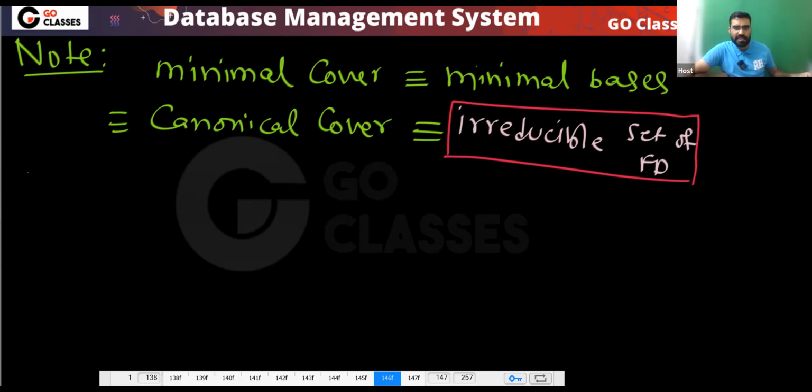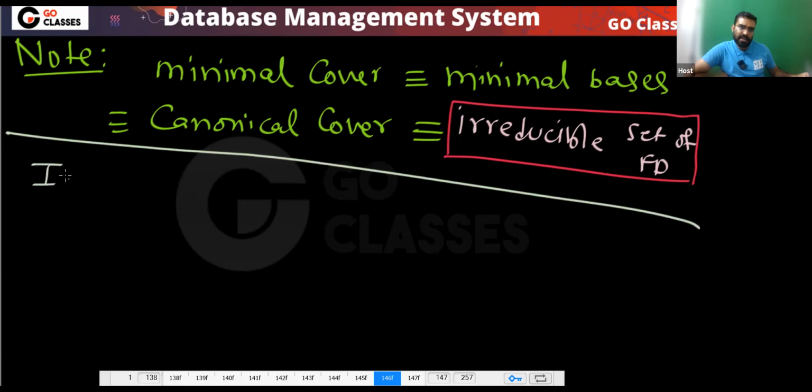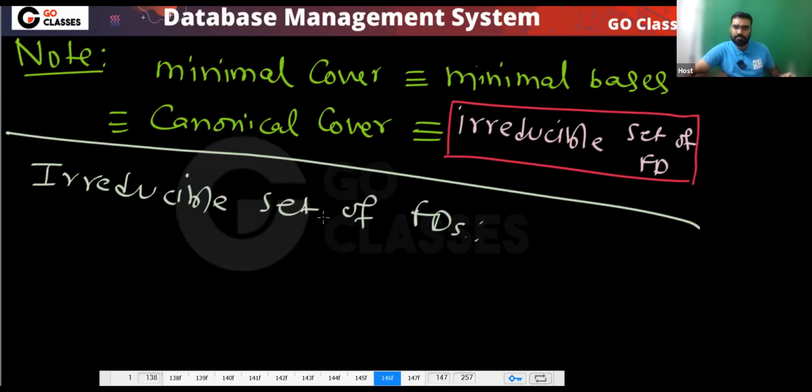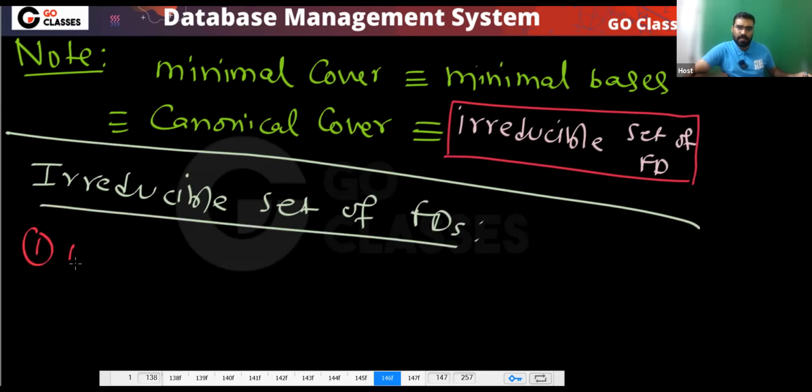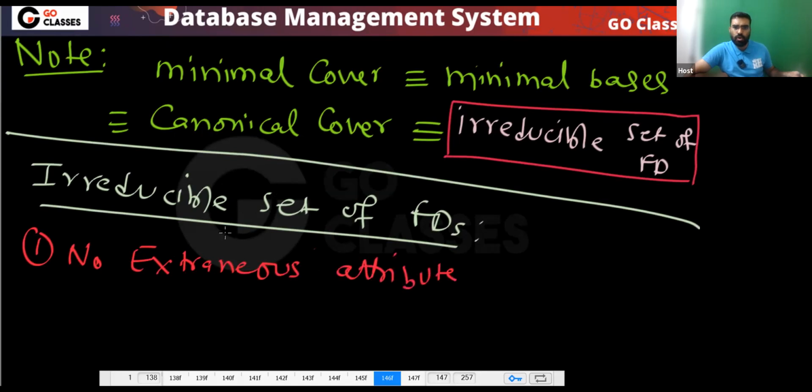When I say irreducible, what does it mean? It means no extraneous attribute on the LHS.